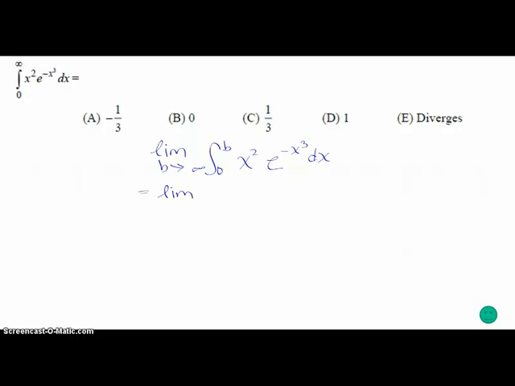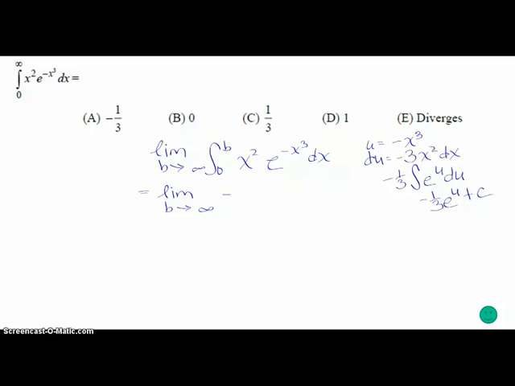So we would say the limit as b approaches infinity, this is a u substitution where u is negative x cubed, du is negative 3x squared dx. So this is e to the u du. We're off by negative 1/3. So the antiderivative that we're going to be using looks like so.